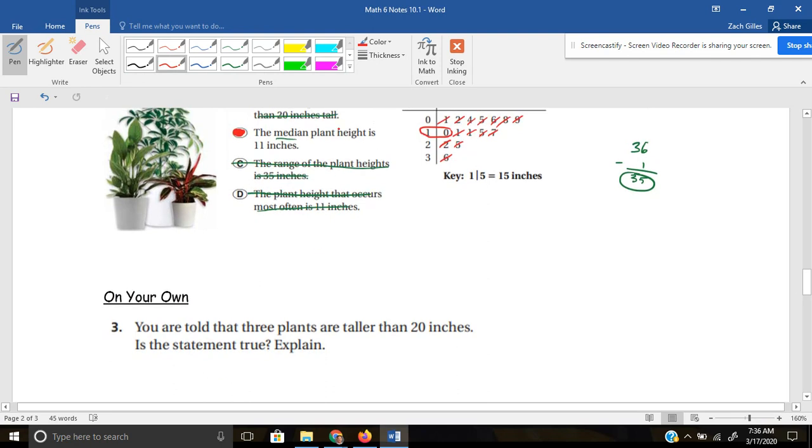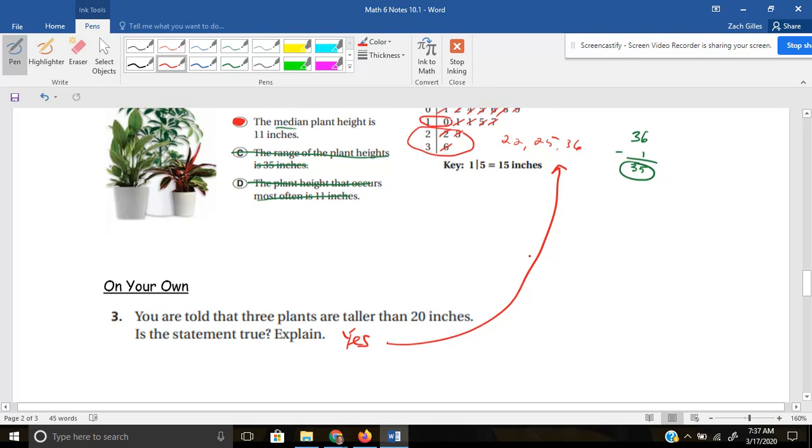Well, taller than 20 would be, so 17 would be smaller. So taller than 20 would be here. So we'd have 22, 25, and 36. So is that true? Yes. From the stem and leaf plot, we can see that there are 3 plants of 22, 25, and 36 inches.